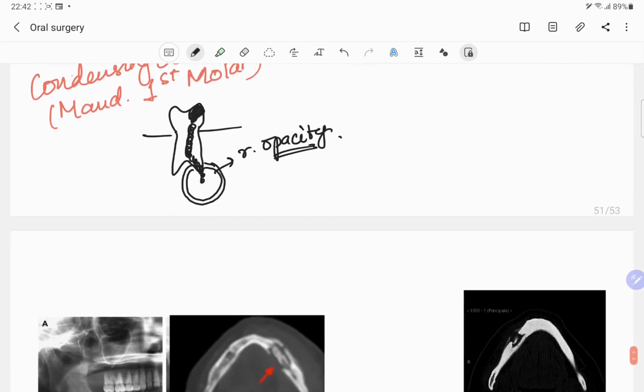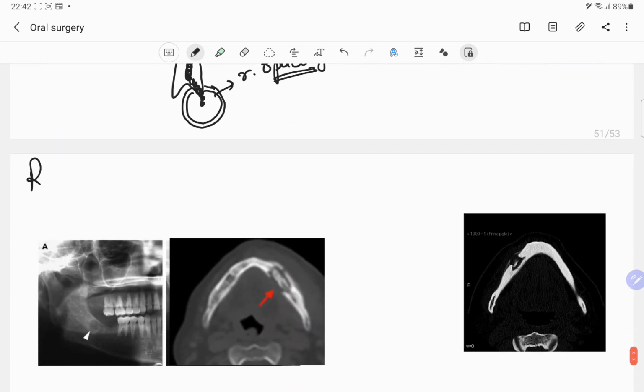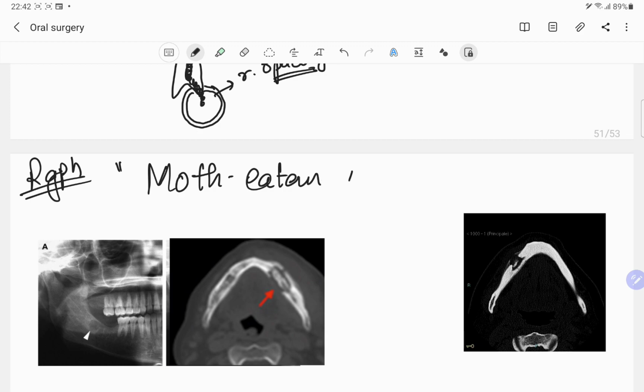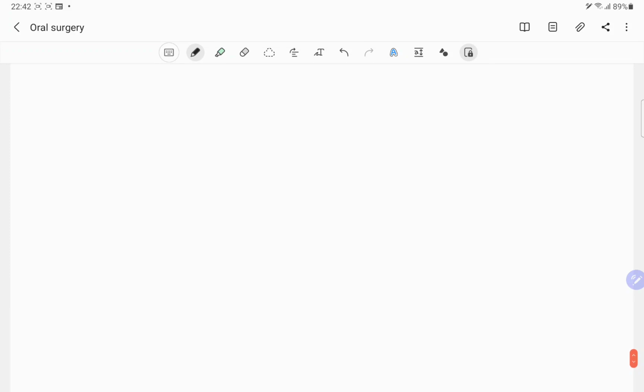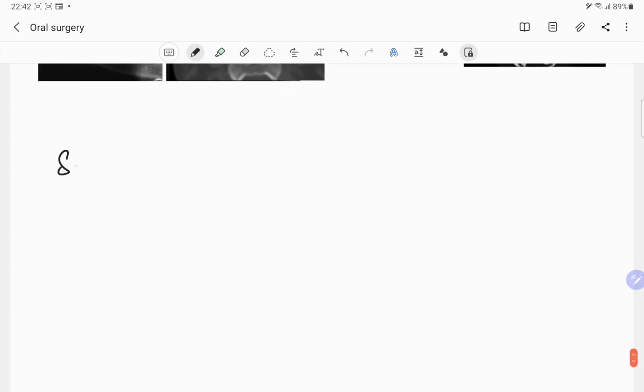So if you see in a radiograph, you will find the appearance which is a moth-eaten appearance. Right. There are two kinds of pattern. One is bone which is already dead, which is known as the sequestrum. So let me write it here, guys. The sequestrum is basically a dense dead bone, right?